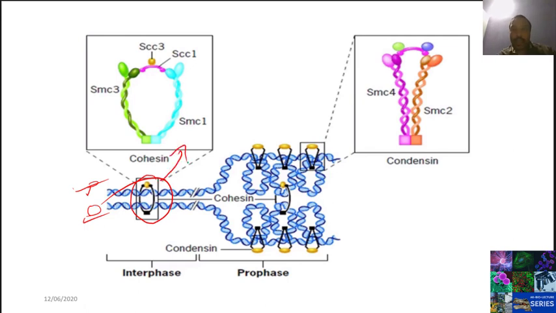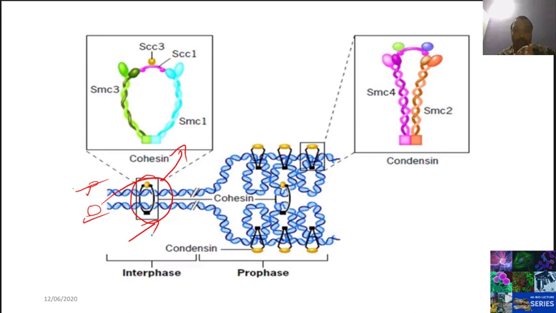This protein holds the newly replicated and parental DNA together. Cohesin holds the newly replicated sister chromatids together. That is the function of cohesin. What is the function of cohesin?